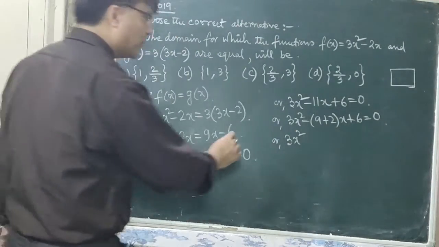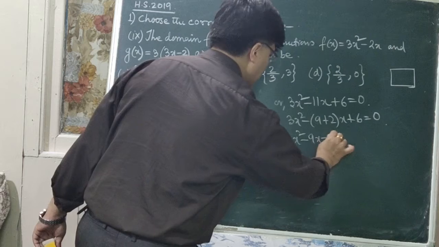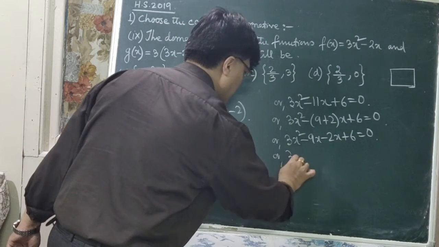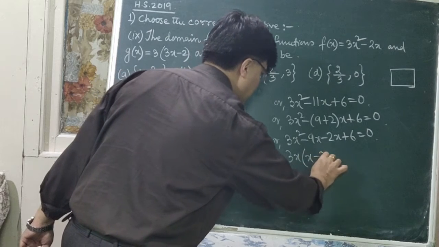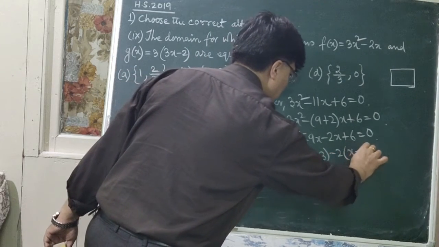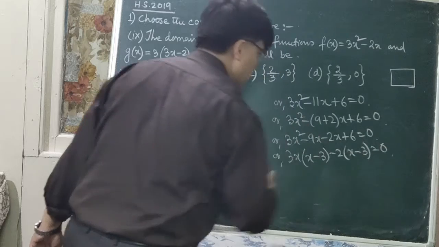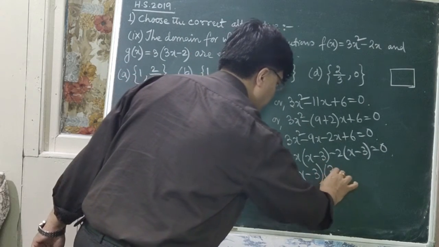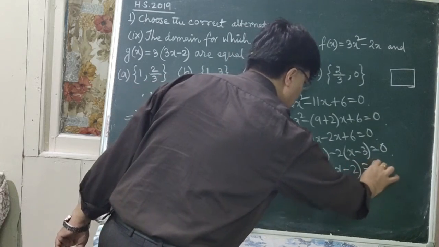Now multiply them. This is minus 9x minus 2x plus 6, which is equal to 0. Or here 3x is common, within bracket x minus 3, minus 2 is common. This is x minus 3 which is equal to 0, or this is your x minus 3 into 3x minus 2 is equal to 0.